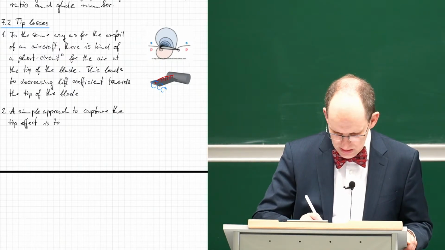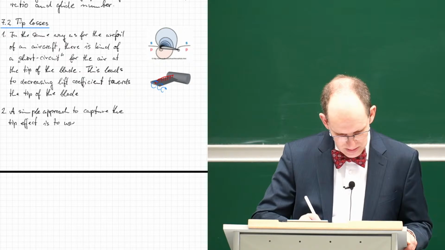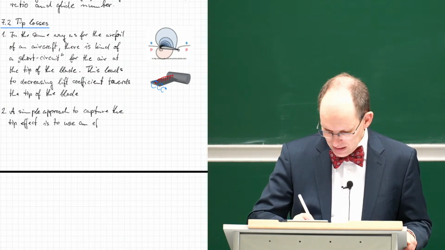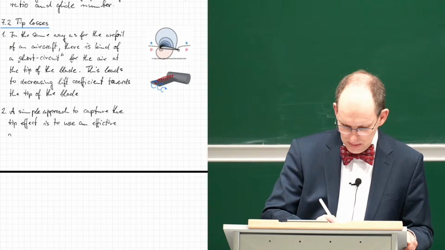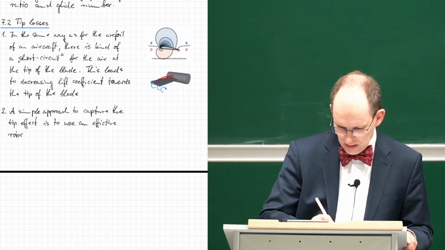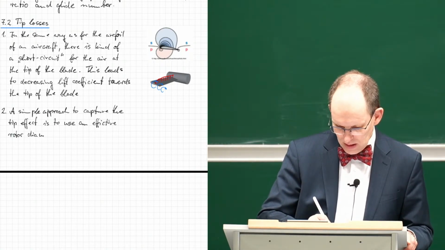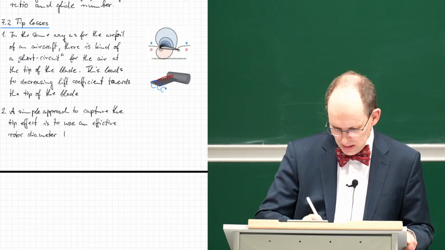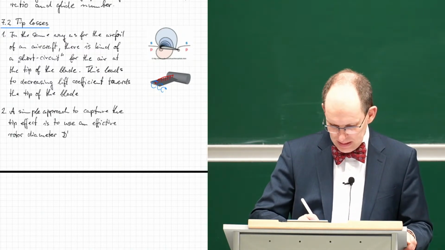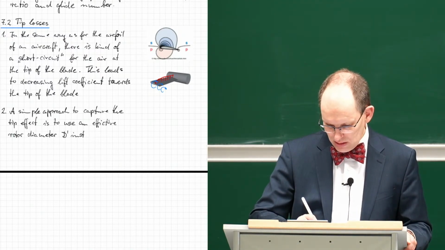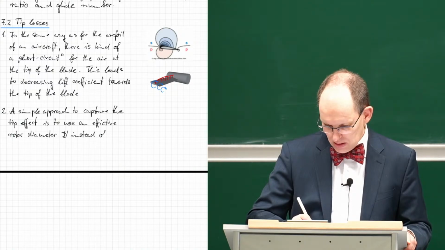is to use an effective rotor diameter. We call it D prime instead of the actual diameter.